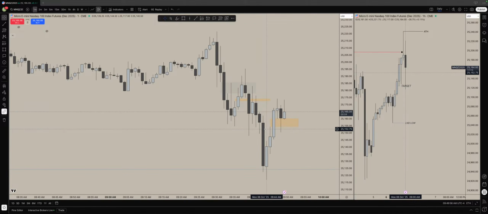We didn't close. We're not closing above, so yeah, we didn't close above it. So I wouldn't use that as a propulsion block anymore. Needed to close above. Ooh, fuck, man.